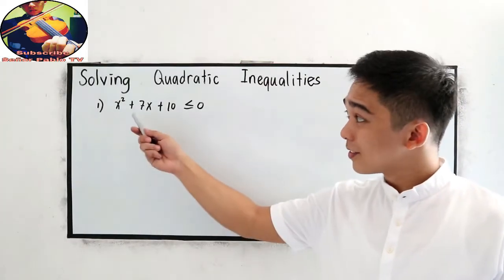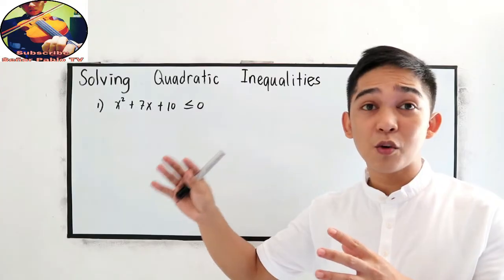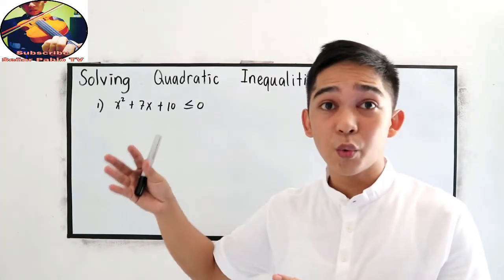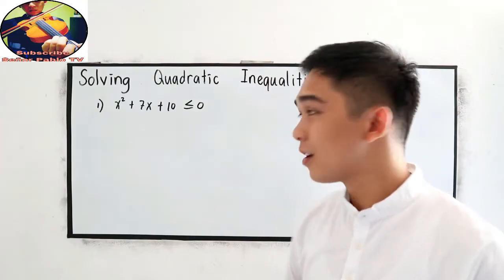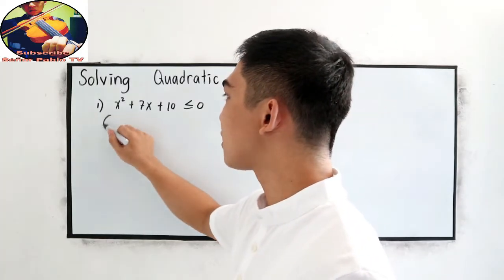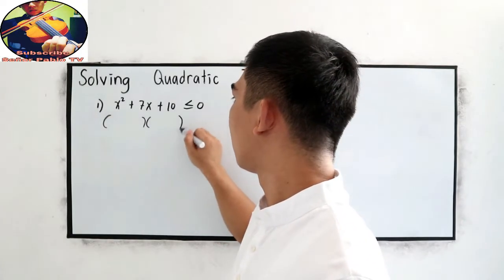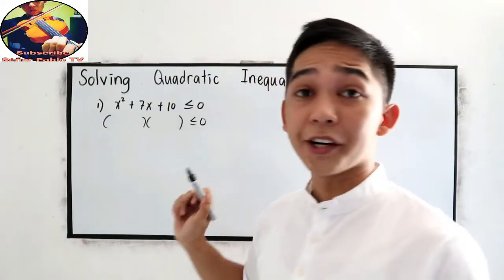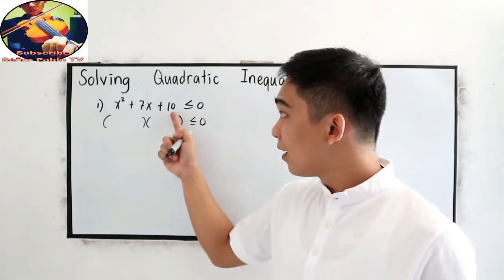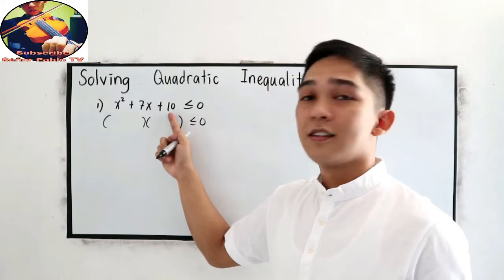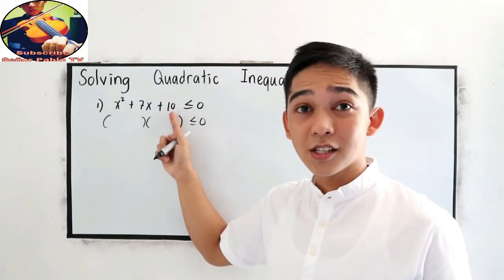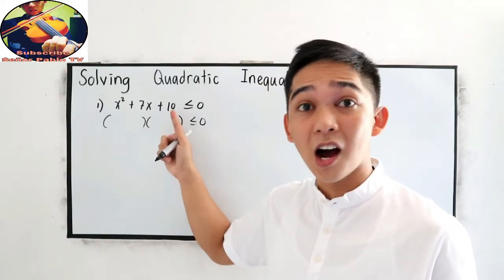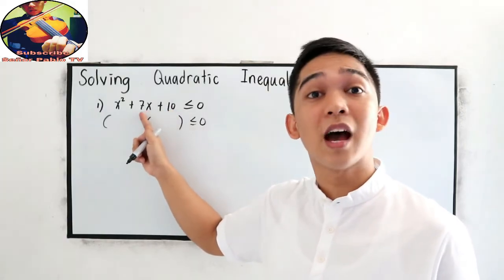just like solving a quadratic equation, we're going to factor our trinomial. To factor this, our shortcut is the product of factors of 10, which, if you're going to get the sum, must be equal to 7.